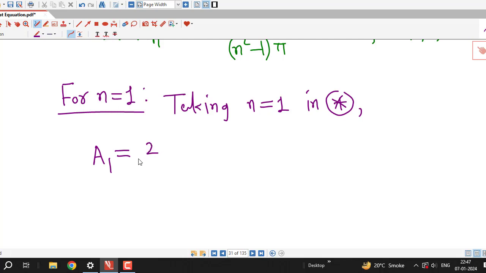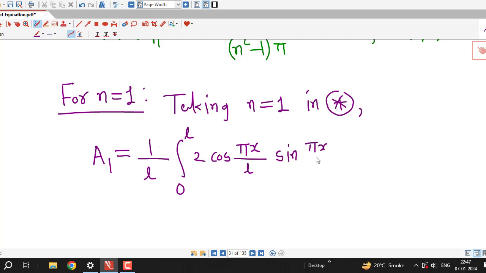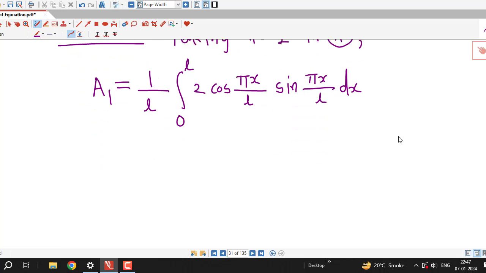We have a1 equal to 2 by L times the integral, which I think we have taken inside, so here I have to write 1 by L, and 2 cosine of n pi x by L. N is 1, so I have cos pi x by L times sin pi x by L integral with respect to x.